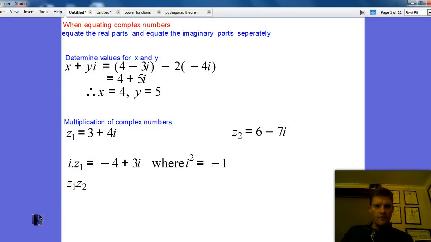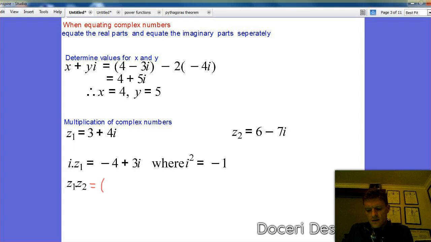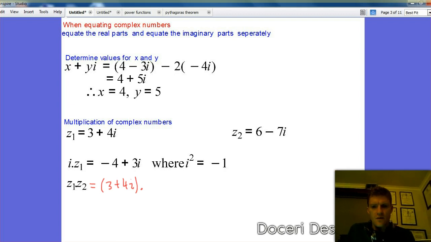Now the next type of complex number multiplication is where we've got these two z1 and z2 complex numbers, and we're going to multiply the two together. And let's see how that turns out. So first off, let's put down the first complex number, and because it's been operated on with another complex number, we're going to retain it in brackets like we have here.